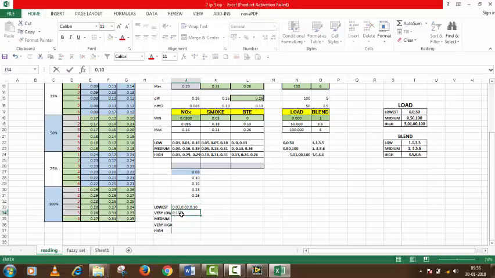Next 0.10, 0.16, then 0.03, 0.16, 0.23, 0.29, 0.23, 0.29, 0.29.